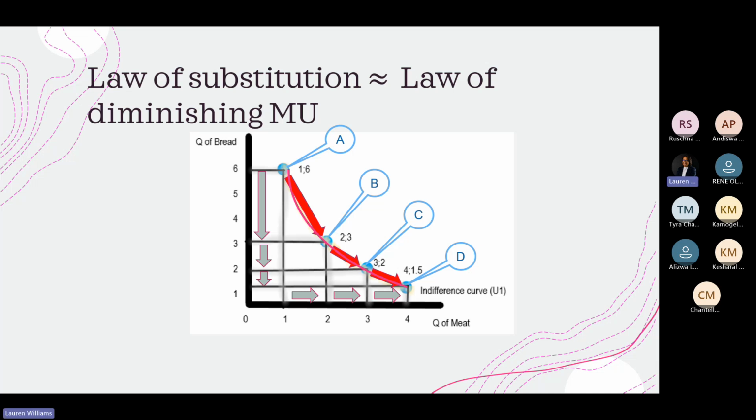So the additional level of satisfaction that you are going to derive as a consumer for consuming one more unit of the product. So the more you are consuming of the product, one additional unit of that product, essentially your level of satisfaction will decrease the more you consume.